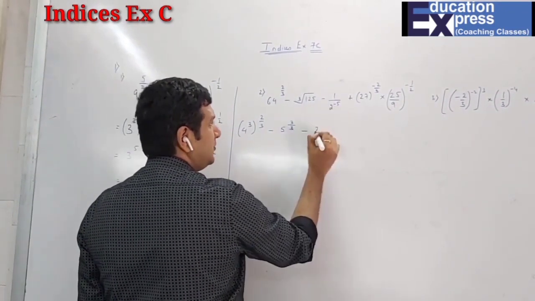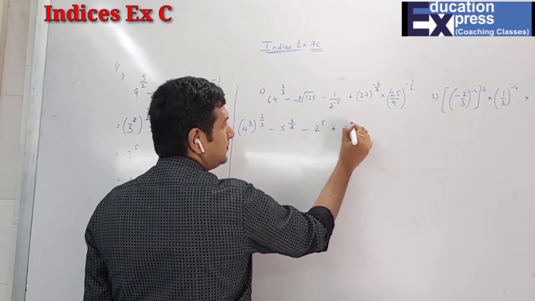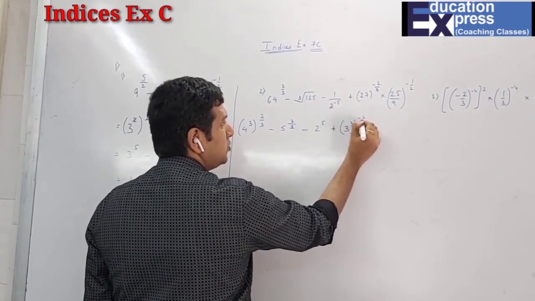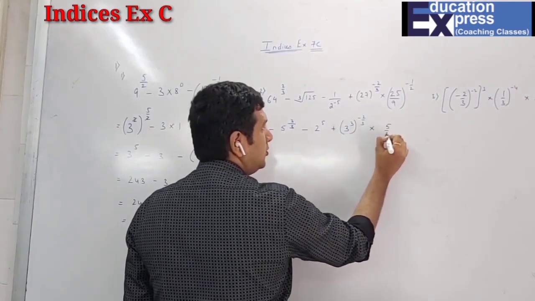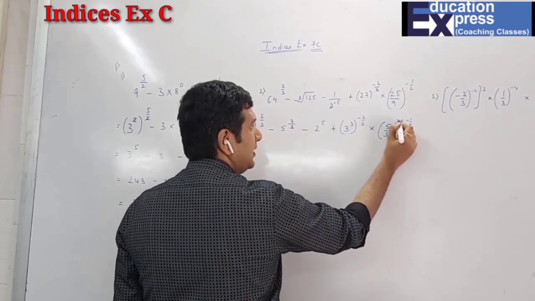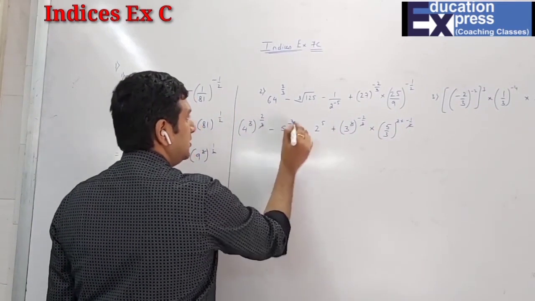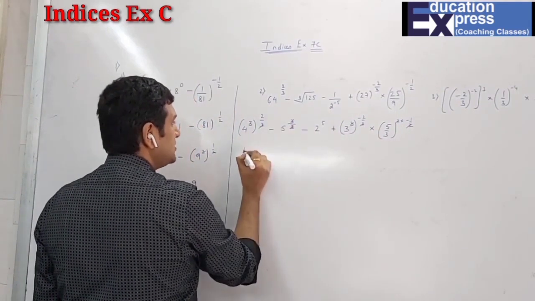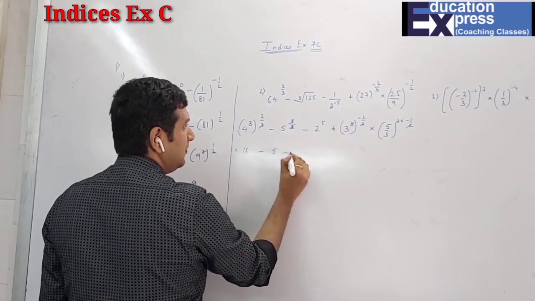I can make this positive by taking the reciprocal, plus 3 cubed, minus 2 upon 3, into 5 upon 3 squared, minus half. The 2 will get cancelled, the 3s will get cancelled. 4 squared is 16, minus 5, minus 32.